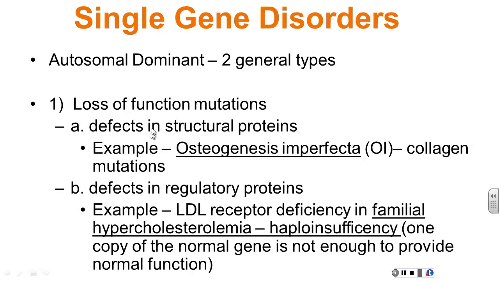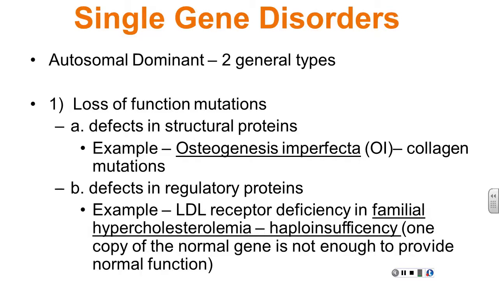Within the autosomal dominant diseases, we can break them into two general types. You have your loss of function mutations, and conversely, we can have our gain of function mutations. Within the loss of function mutations, we can have a couple of different examples.